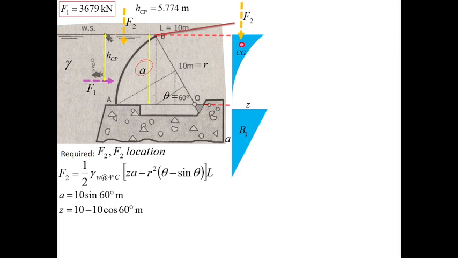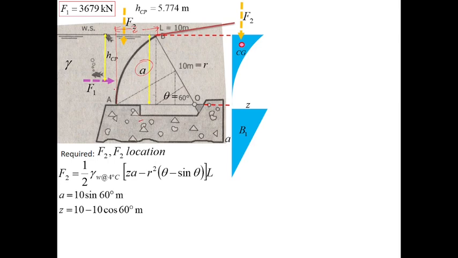Diba ito yung Z natin? Hinahanap, itong part na to. Ito, Z. Kung Z yun, ito rin yan, yung Z na yan. So, yung Z natin ay 10 minus 10 cosine 60 degrees.